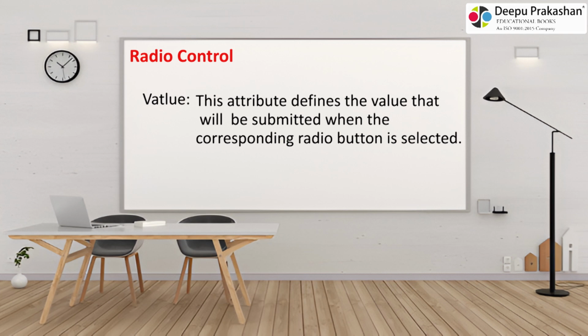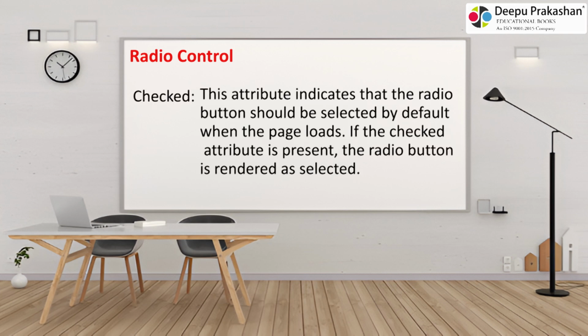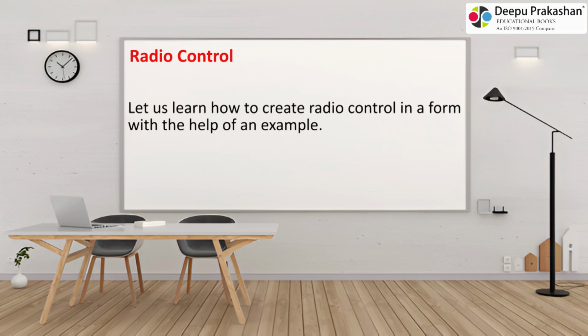This attribute defines the value that will be submitted when the corresponding radio button is selected. Checked. This attribute indicates that the radio button should be selected by default when the page loads. If the checked attribute is present, the radio button is rendered as selected. Let us learn how to create radio control in a form with the help of an example.